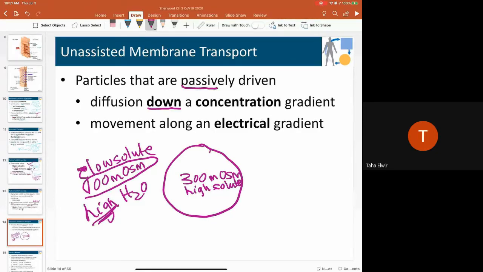So with respect to what is inside the cell and solute being high, then you have low water concentration. So water moves first. That's what we said earlier.